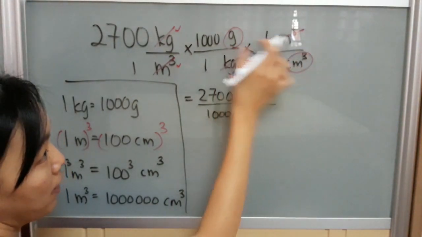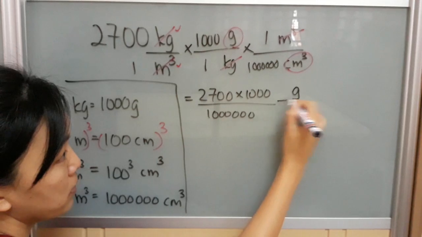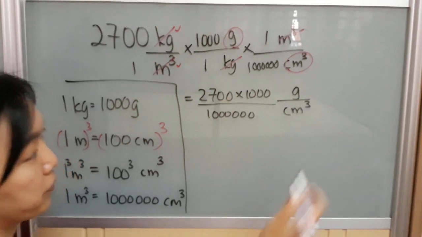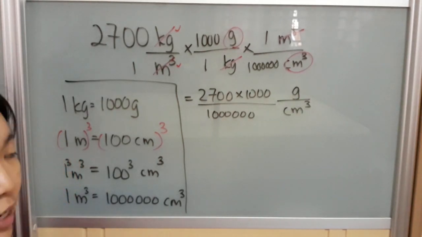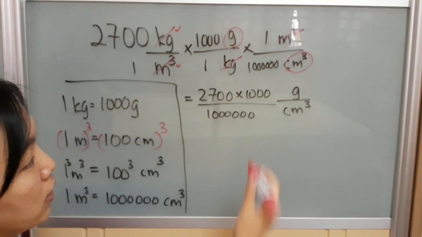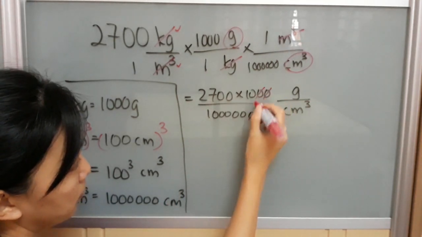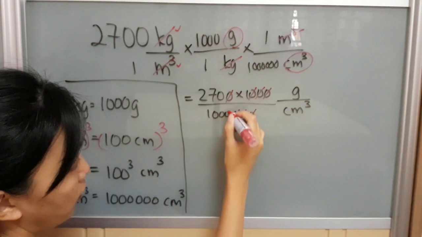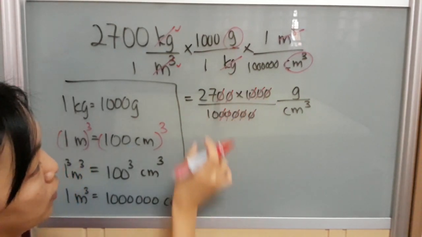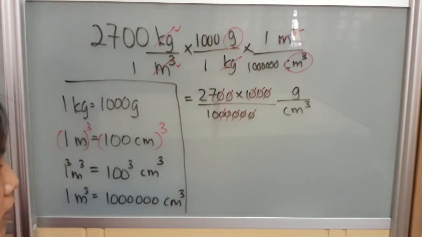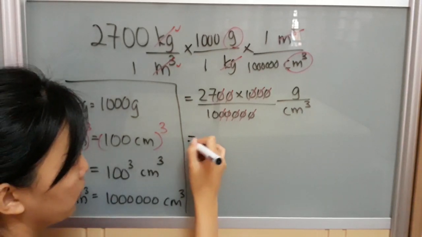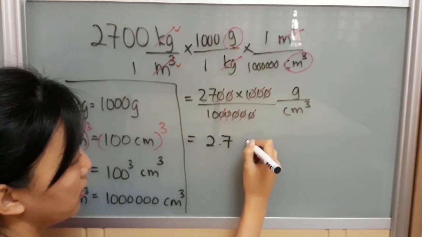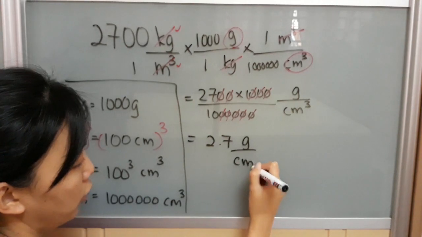Now, gram per cm cube, gram on top, cm cube at the bottom. You can press everything into the calculator, or I can also slash them. 3, 4, 5. 27 divided by 10. Easily I'll get equals 2.7 gram per cm cube.